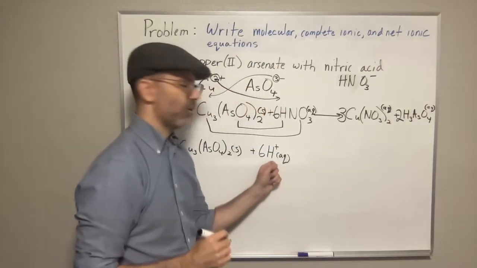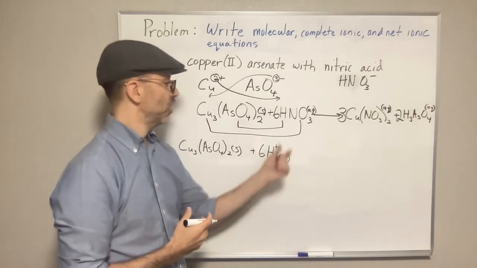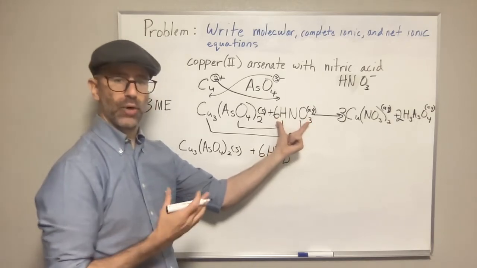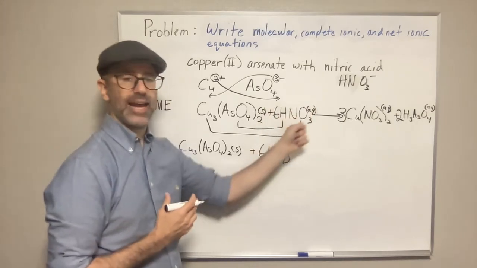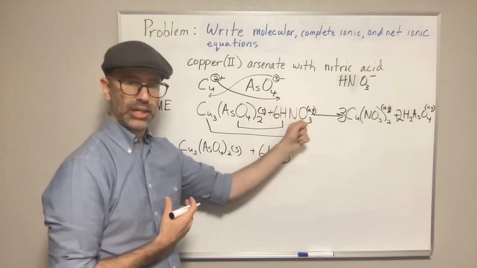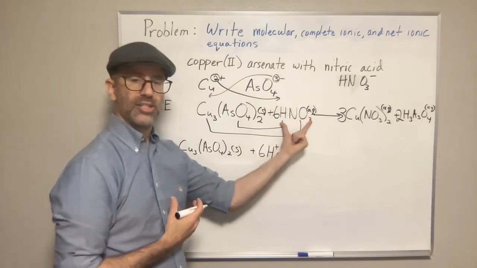And you'll notice that when I'm writing the ions separately, I write the charge. When we have the ions in a formula, you don't write the charge. Here, we don't have an ionic substance. It's a molecular substance, so there's no charges really in the formula. But they are separated.